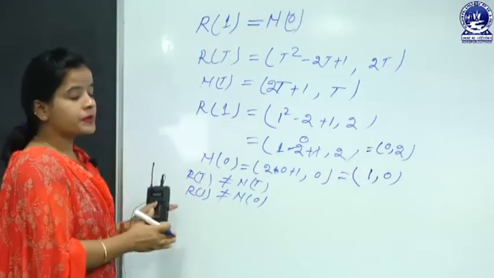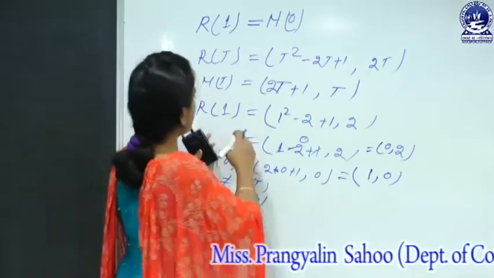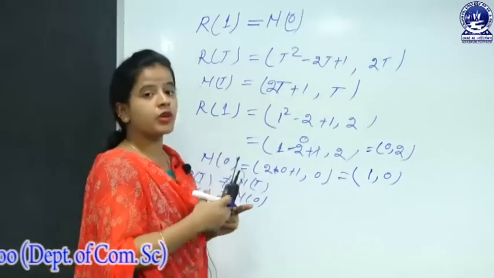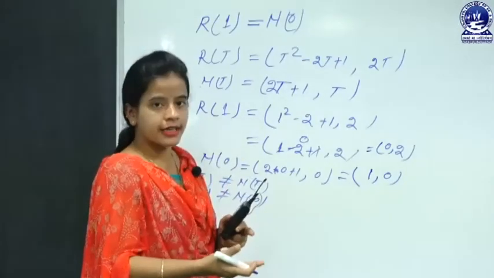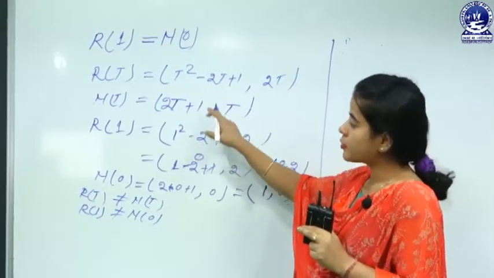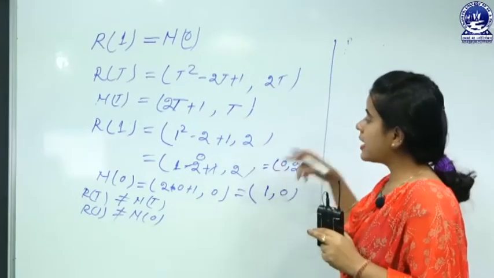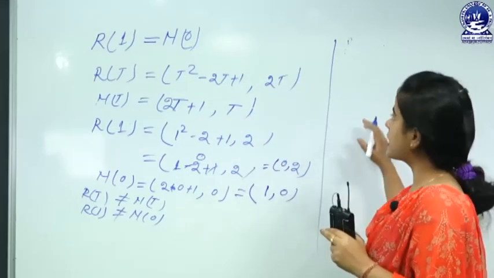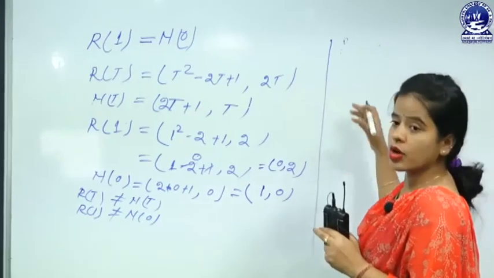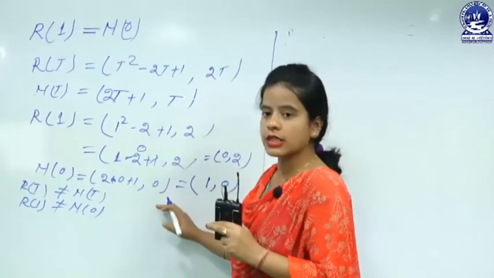But if the similarity were provided, suppose r of 1 equals n of 0, then you would again find the derivatives. If the r of 1 and n of 0 values are equal in the zeroth order, then you again find the first derivative, and then the second derivative, to check whether the two point values are equal or not.